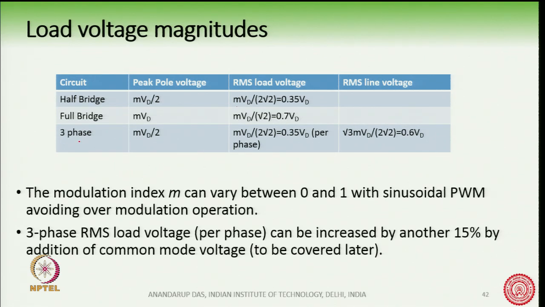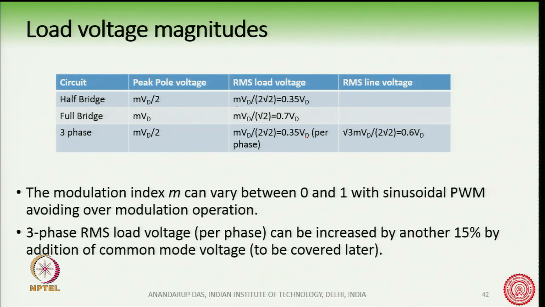Now, in case of a 3-phase system, the peak AC part of the pole voltage is again m Vd by 2, and so the RMS load voltage is m Vd by 2 root 2, that is 0.35 Vd per phase.